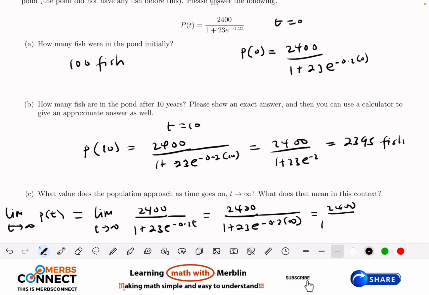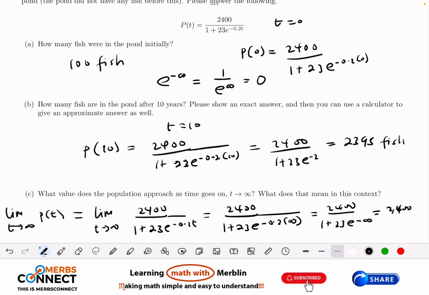Negative 0.2 times infinity here will give us negative infinity. Now note that e to the power minus infinity is the same as 1 divided by e to the infinity. So 1 divided by a very big number is equal to 0. So it means that e to the power negative infinity is equal to what? 0.